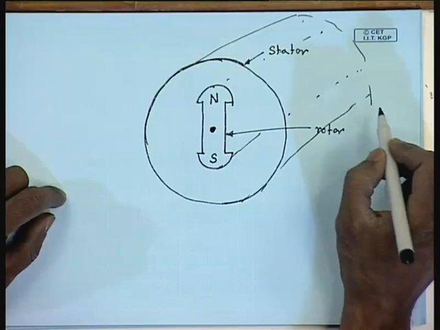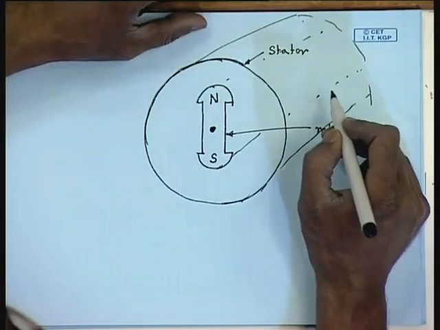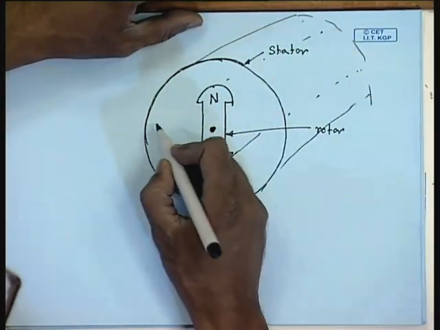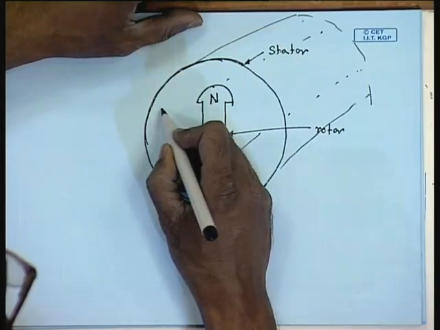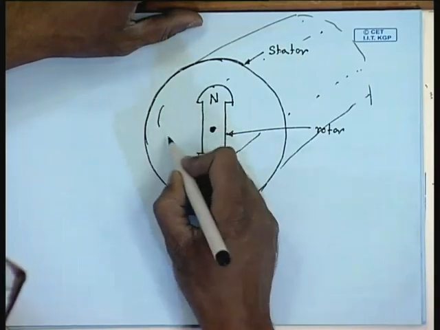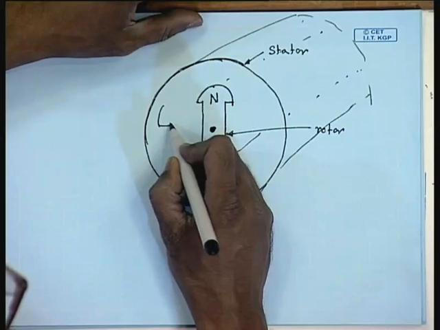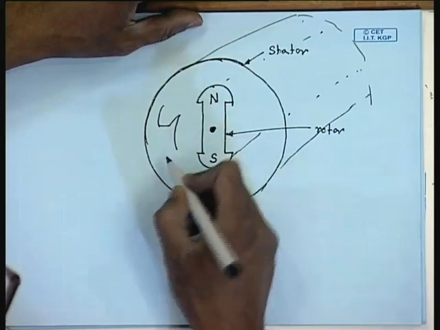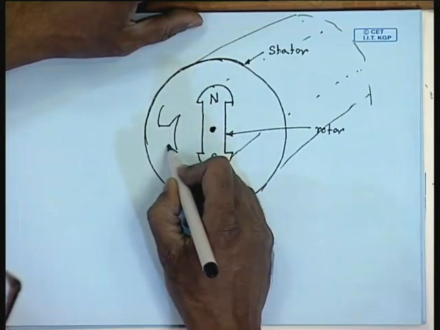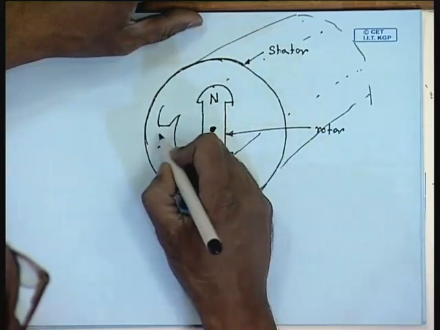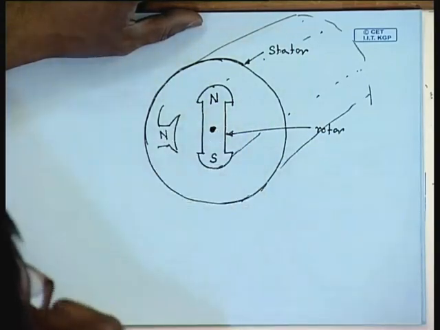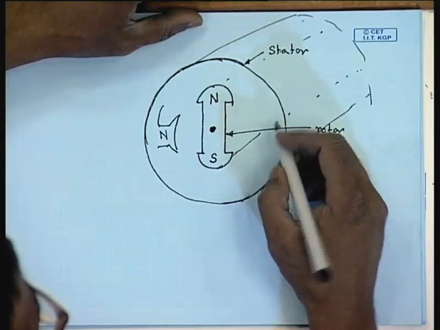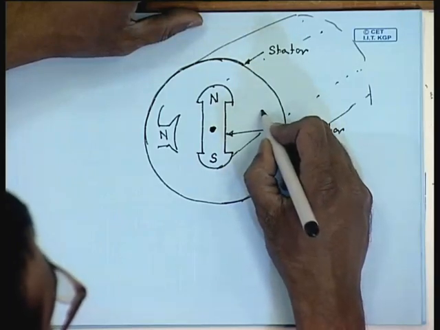Let us see how we can make this run. Suppose I somehow create another north pole on the stator on this side and a south pole on this side.